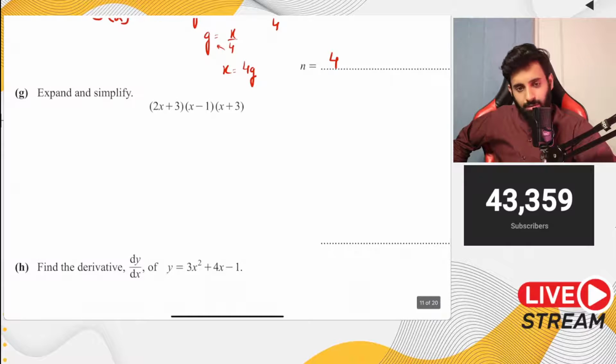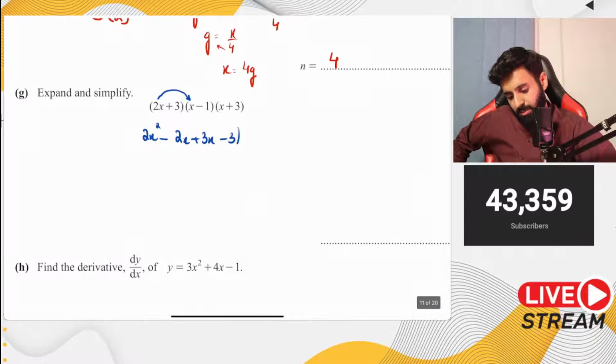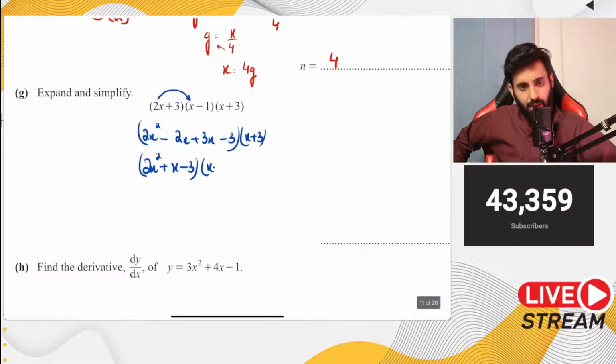Expand and simplify. There's a lot of algebra required here. So let's start. Multiplying 2x into x is 2x square minus 2x plus 3x minus 3, which then gets multiplied by x plus 3. So now we have 2x square plus x minus 3, which again gets multiplied by x plus 3.